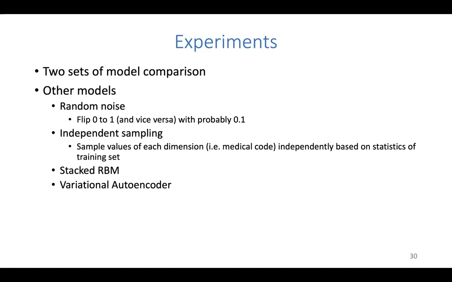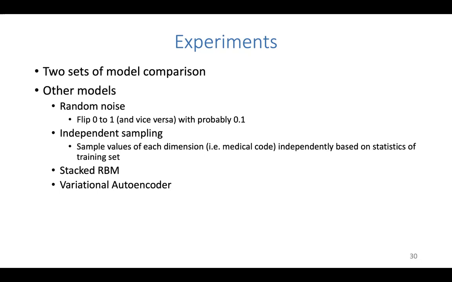to de-identify real data. Independent sampling is sampling the value of each dimension, or each medical code or diagnosis code, independently based on the statistics of the training set. So you simply estimate the average or Bernoulli occurrence probability for each dimension separately, not together, and then sample each dimension independently as well.